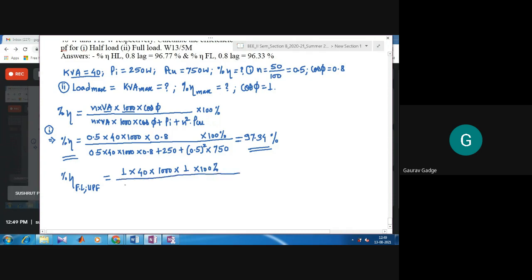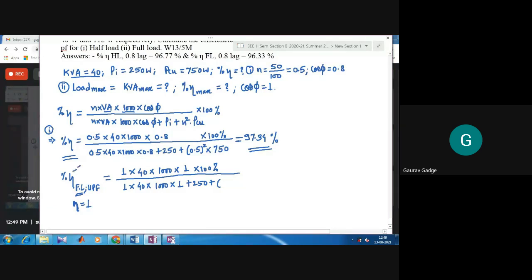So it is again 1 multiplied by 40 multiplied by 1000 multiplied by 1, plus 250 plus N square. As the load is full load, the value of N is equal to 1.